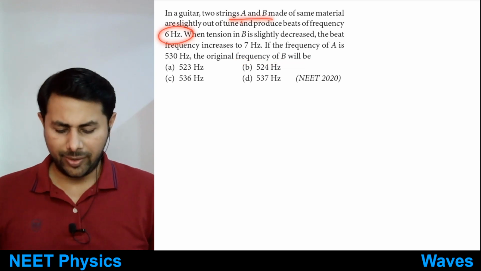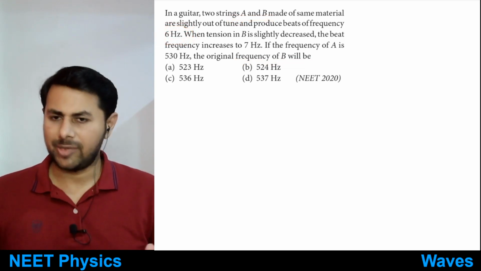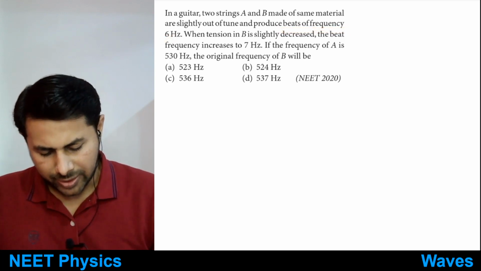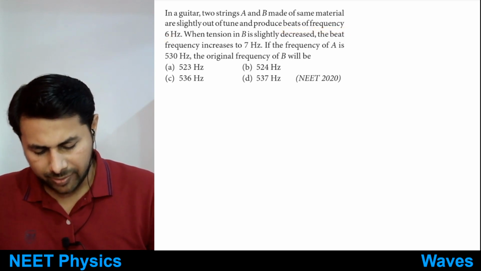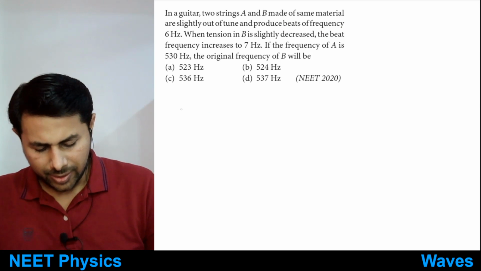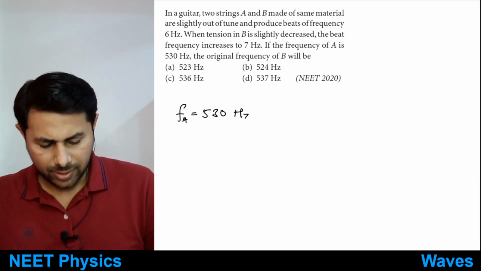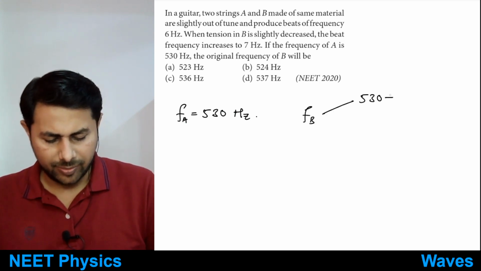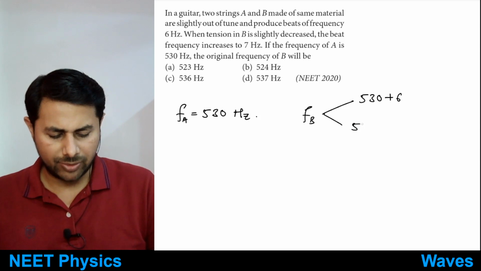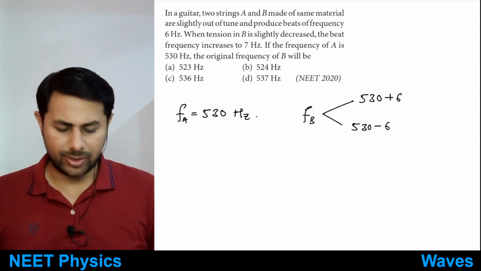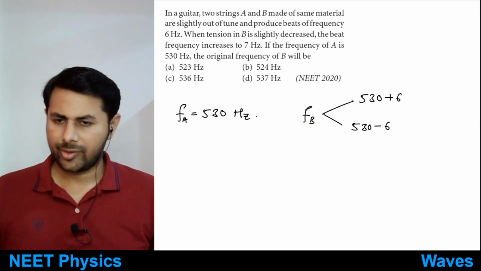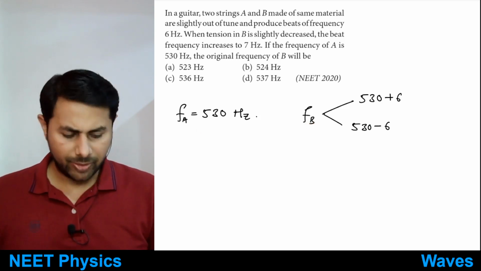earlier they gave what? They gave 6 beats. Okay, beat frequency is 6 hertz. And what is given? Frequency of A is given. Okay, frequency of A is equal to 530. So frequency of B must be equal to 530 plus 6, or it must be 530 minus 6, because when they are sounded together, how many beats are formed? 6 beats are formed.